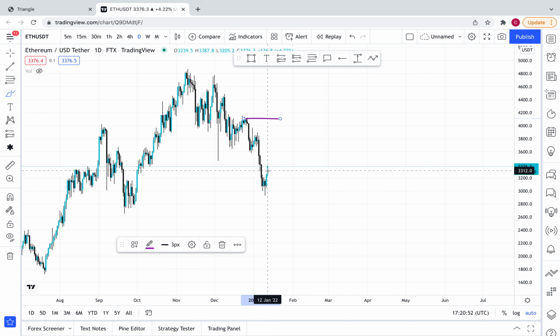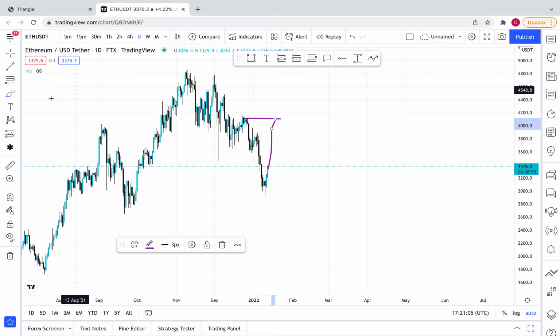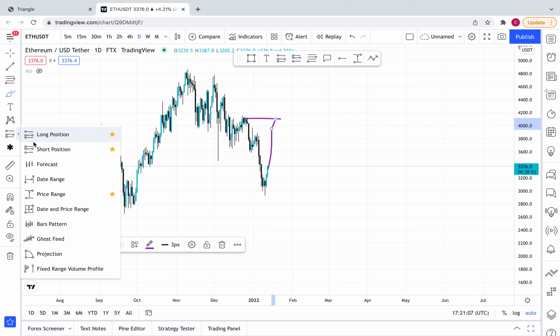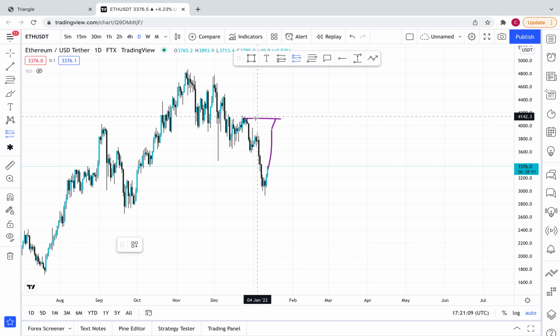So if there is any price movement right now, it is to retest this order block here. As you can see, price has started this ascending momentum to retest this region. So if I'm to trade this, what I'm going to do is place a short position around this region.